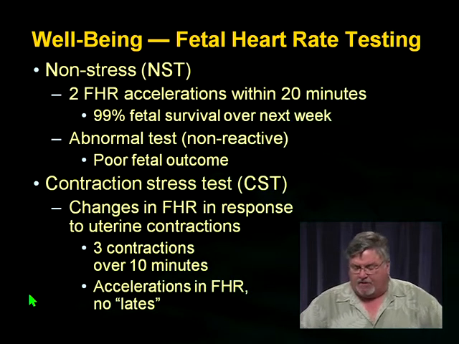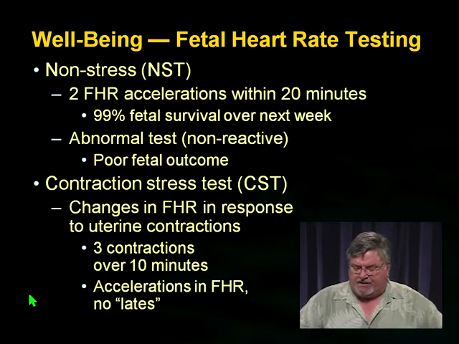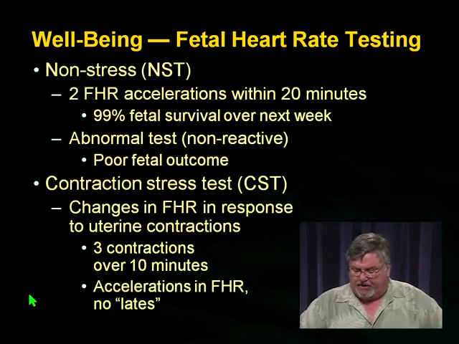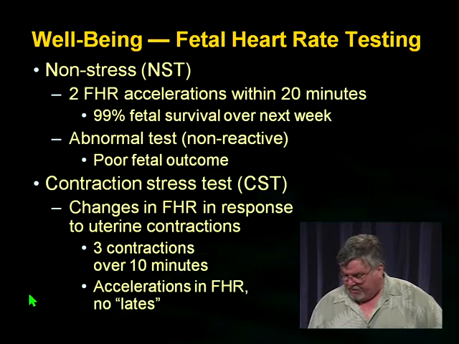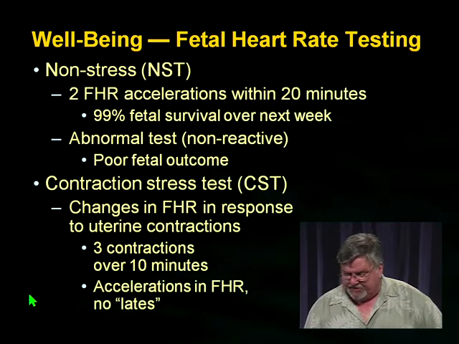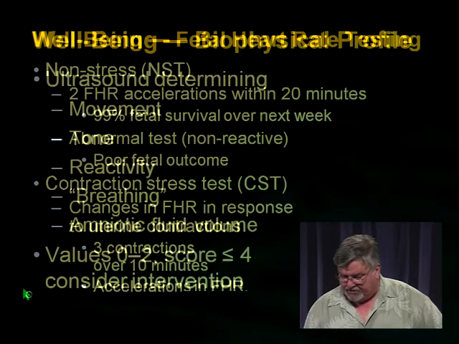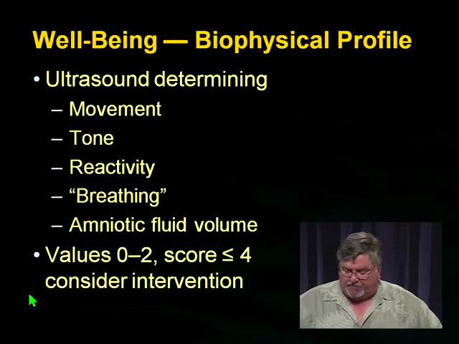Other tests of well-being: non-stress tests, so it's defined for you there, or contraction stress tests. Remember that you can use spontaneous contractions to do contraction stress tests if you so desire. And what we're looking for is the absence of either decelerations or late decelerations. Biophysical profile.